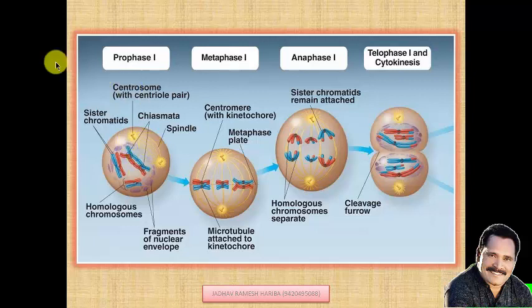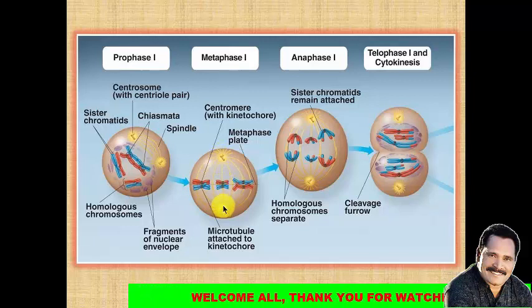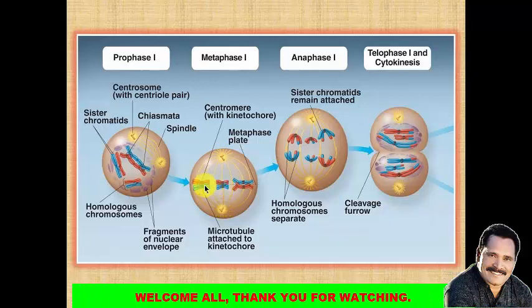When prophase is completed, the cell enters into the metaphase. In the metaphase, the chromosomes get condensed and are arranged at the equatorial plane, that is the central plane, and the spindle fibers get attached towards the centrioles.